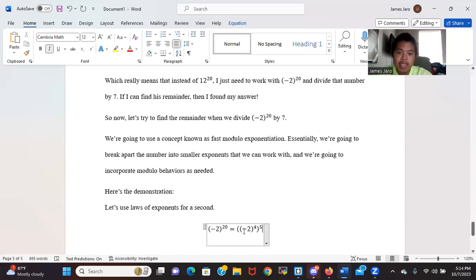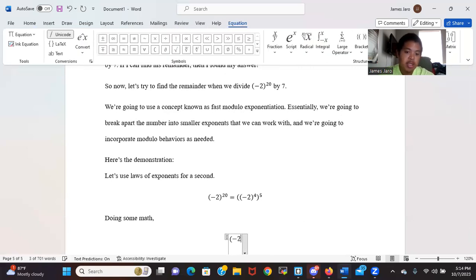So we're raising -2 to the 4th, and we're raising that to the 5th power, because that's the same thing as -2 to the 20th using laws of exponents. Doing some math, we know that -2 to the 4th is just really -2 squared times -2 squared.